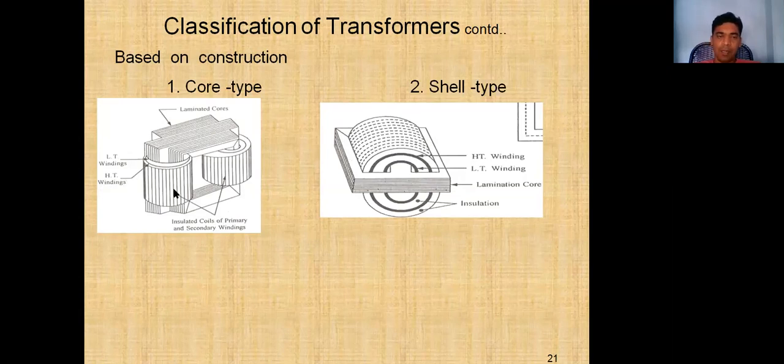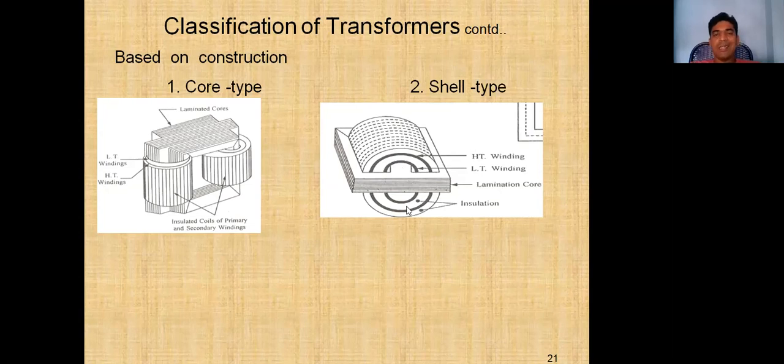In the core type, the primary and secondary are wound on the outer limbs, but here only the middle limb. LT winding, HT winding. Between the two windings insulation is provided.